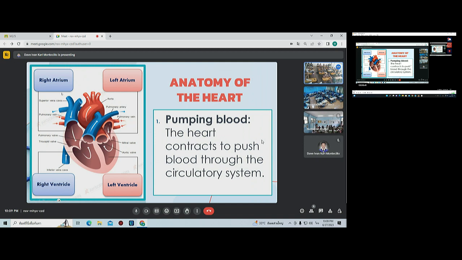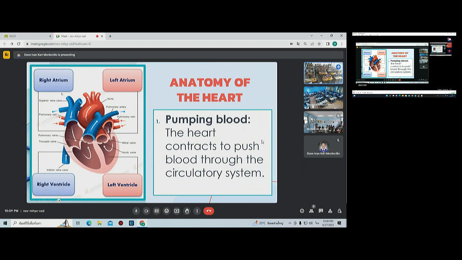So here. What is this blue color, or the gray color? What do you call this one, the big blue blood vessel? What's your answer? Superior vena cava. Okay, very good. This is the superior vena cava.